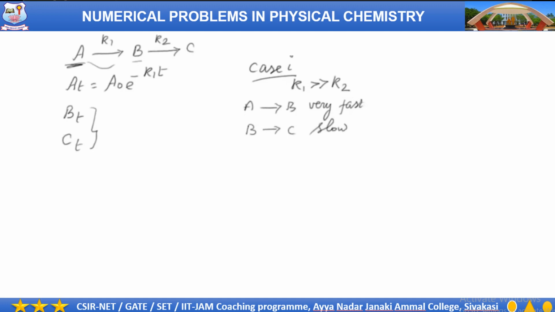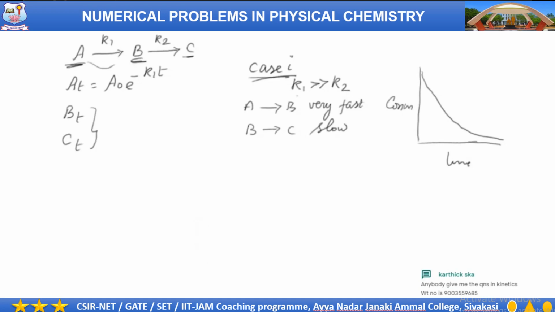Therefore, if you see the concentration versus the time, the concentration of A is going on decreasing, as usual. But what about the concentration of B and the concentration of C? Here, in the case where K1 is very, very much higher than K2, the concentration of B is going to be accumulated, whereas the conversion of B to C is slow.